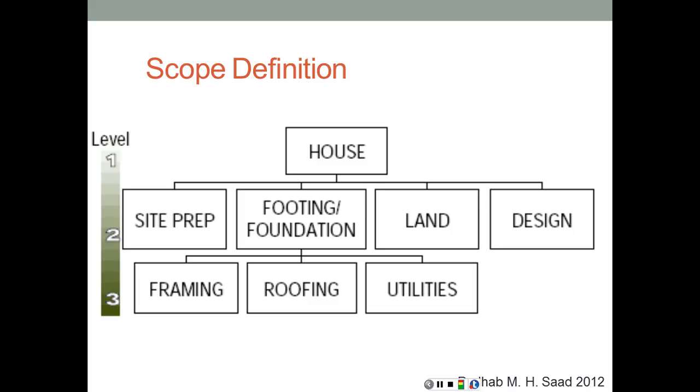So it's going to be a gradual transition from one level to another layer to a third layer, etc. So we have here the site preparation, footings and foundations, land, design, etc. Framing. The footings and foundations is going to include framing, roofing, utilities, etc. So again, you can break down each one of these levels into further details until we reach a work package level.